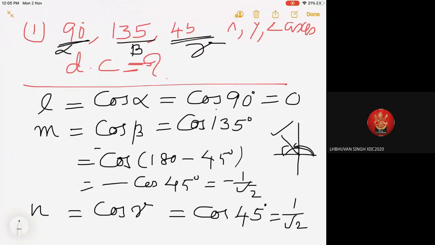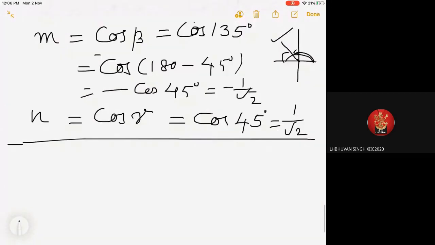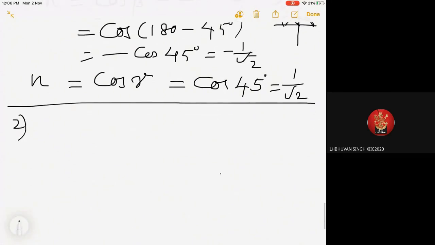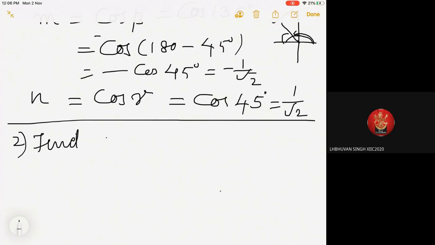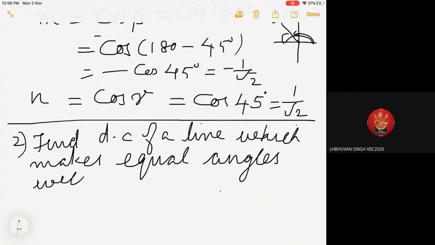Question number 2. Find the direction cosines of a line which makes equal angles with the coordinate axes.